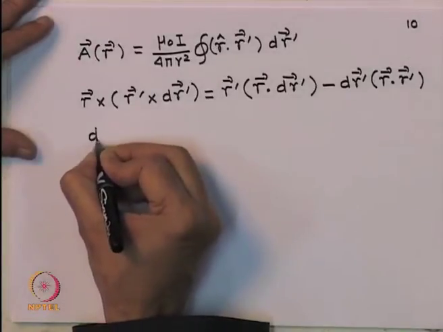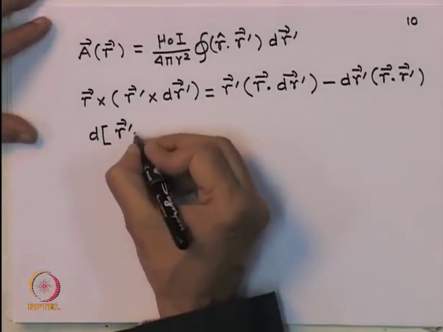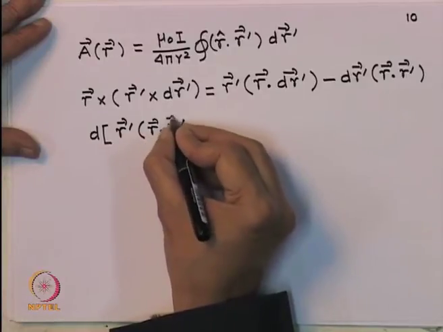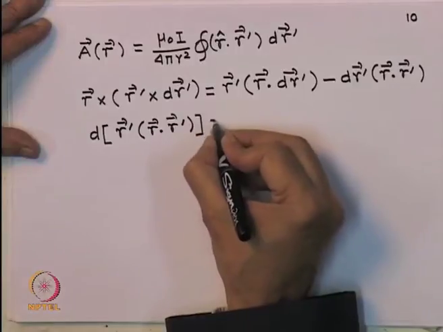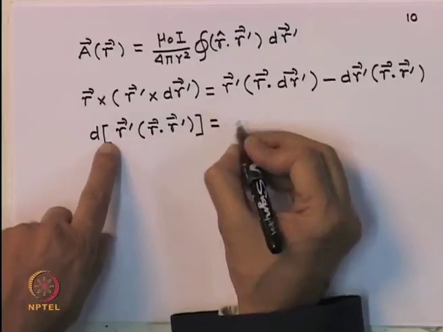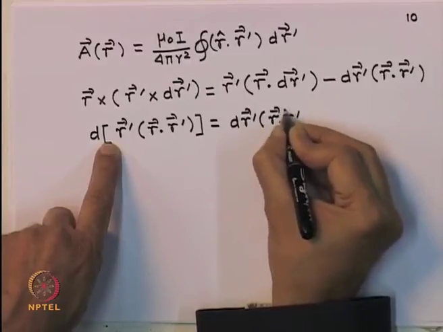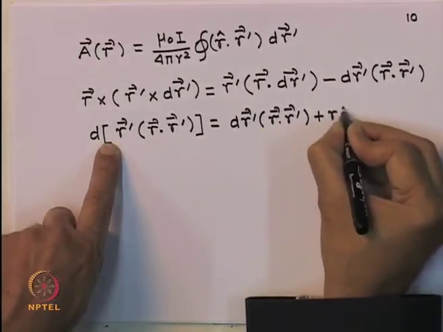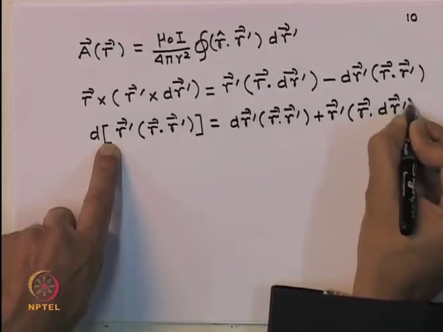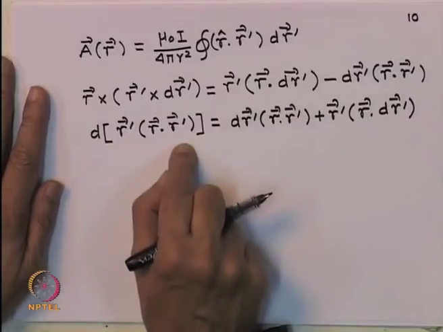Now, I know that if I take a differential d of r prime times r dotted with r prime, I would get, remember the vector r is a fixed vector, dr prime times r dotted with r prime plus r prime times r dotted with dr prime, because the differentiation is only on r prime.